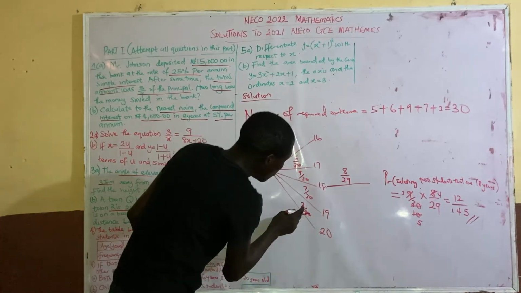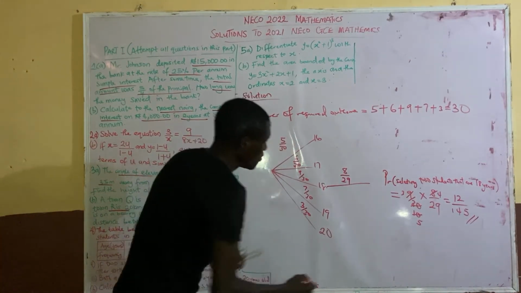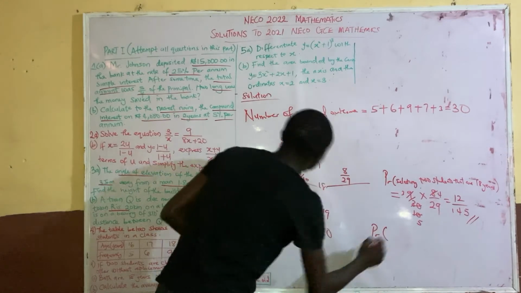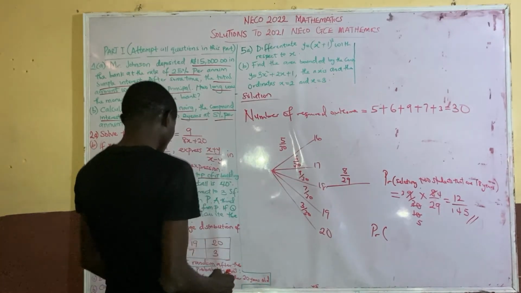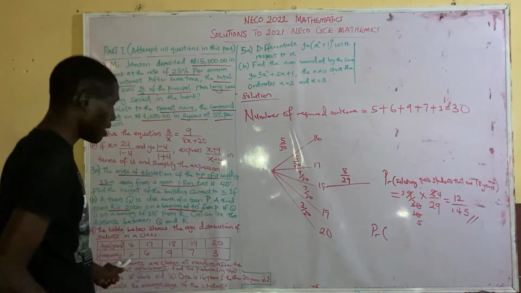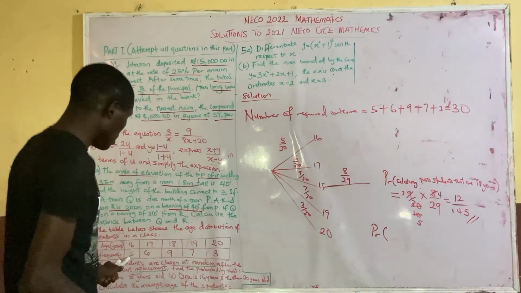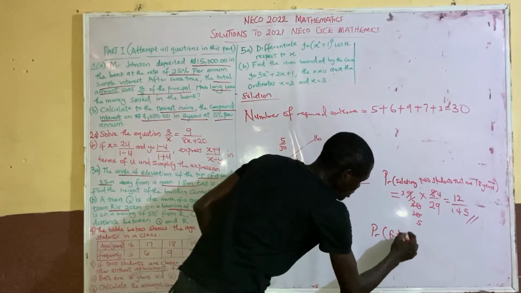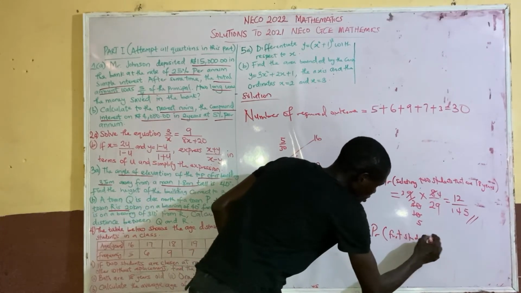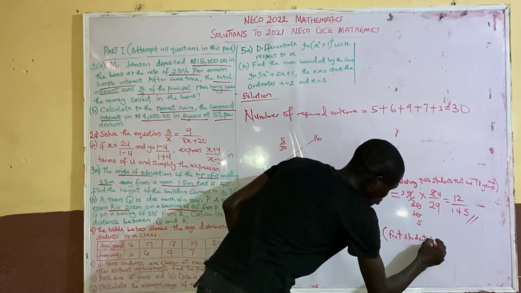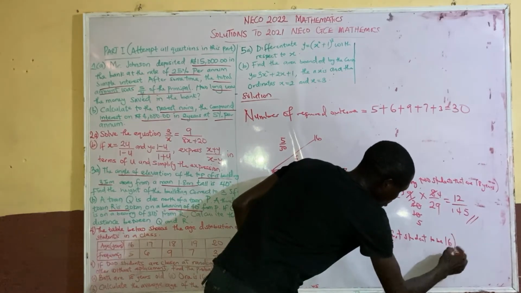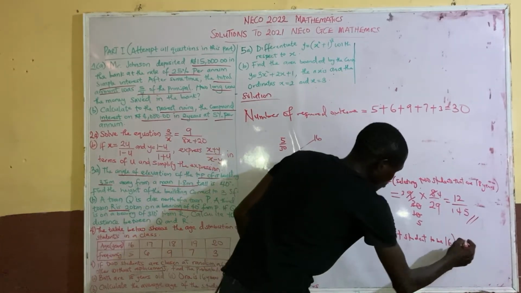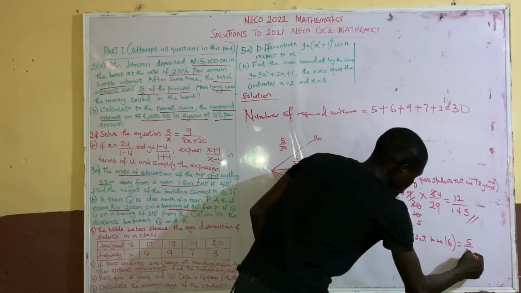The probability of the first student to be 16 is equal to 5 over 30.